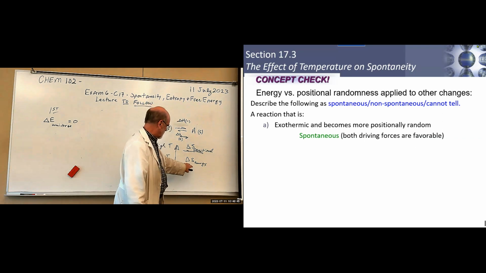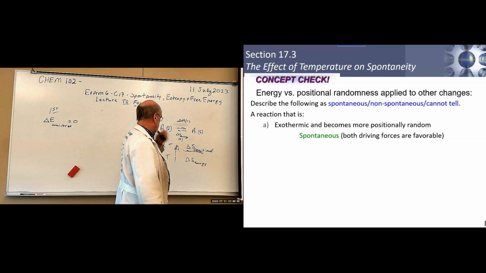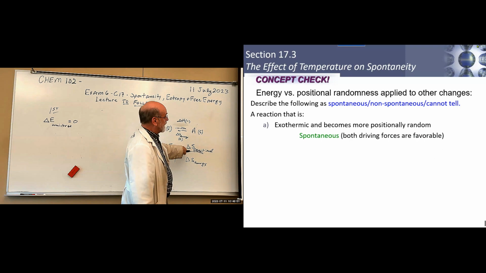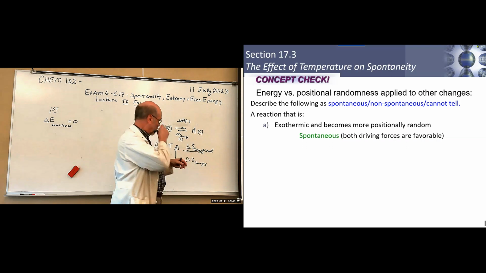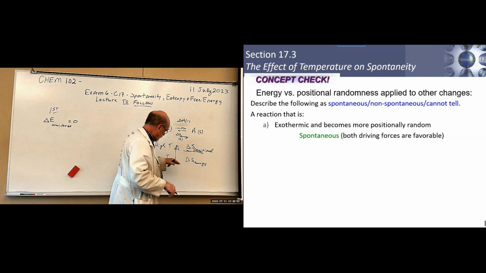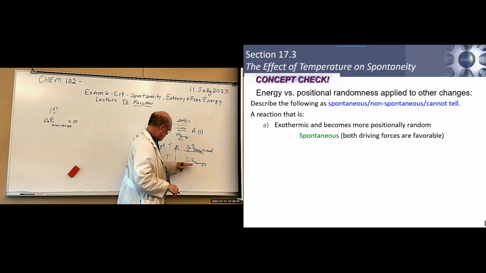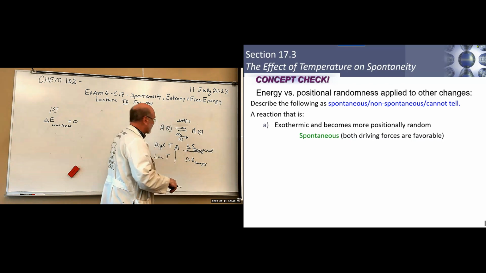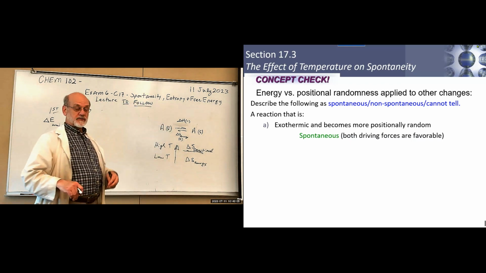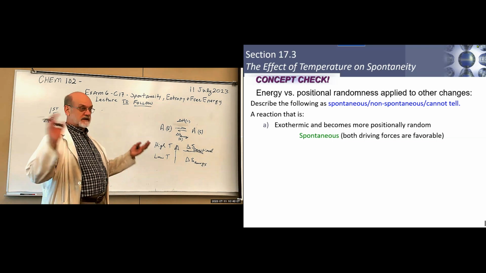That would be more desirable. But if we're also saying that the positional randomness increases, that is, in an expanding gas, we're increasing this one. So we're increasing both of them, right? Both of them are increasing, so the temperature doesn't matter. We would expect that to be spontaneous no matter what the temperature is.